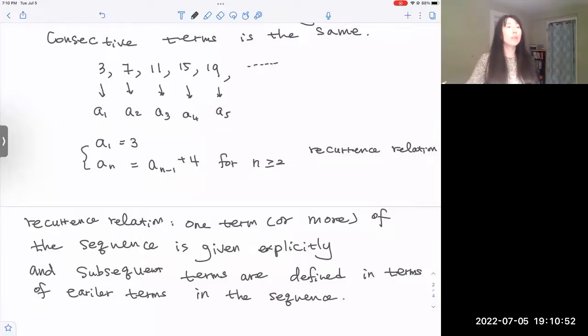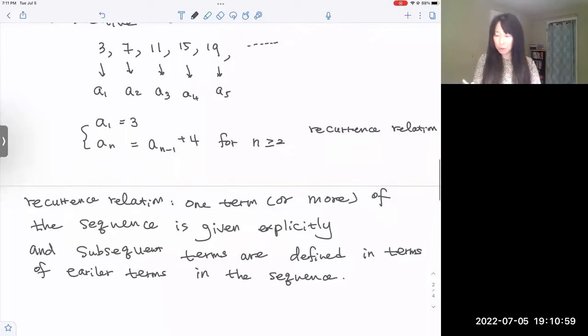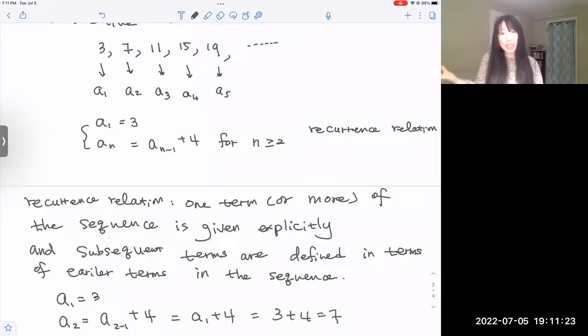All right. So let's say that we have a sub 1 equal to 3, right? So let's find a sub 2. A sub 2 is a sub 2 minus 1 plus 4, right? So a sub 2 minus 1 is a sub 1 plus 4, right? Then a sub 1 was 3, and plus 4 is 7, which is a sub 2.